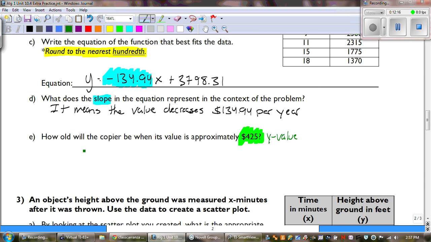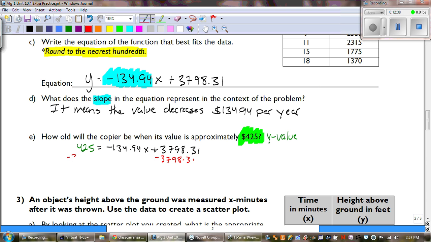We need to plug that in for the Y. So 425 equals negative $134.94 X plus 3,798.31. So go ahead and solve.